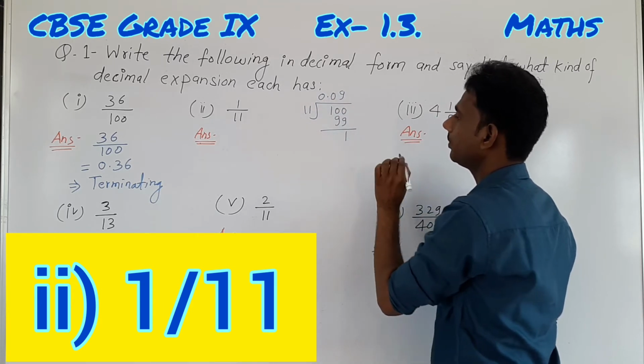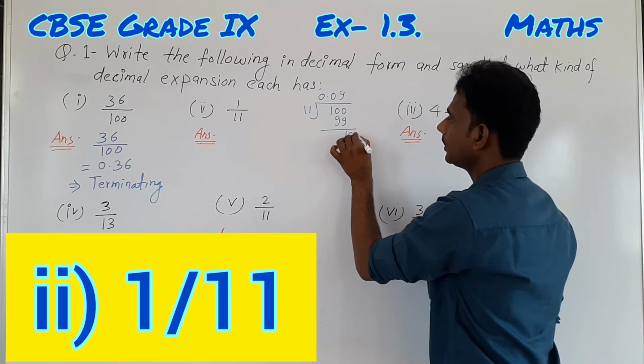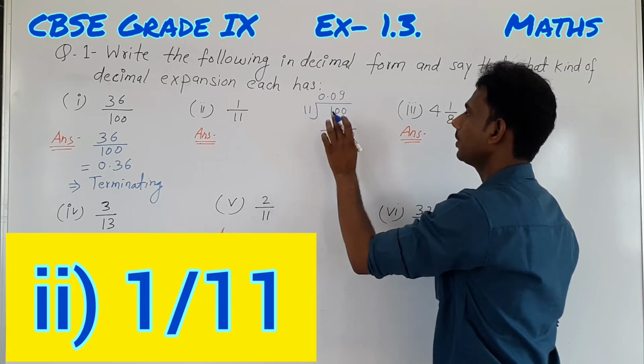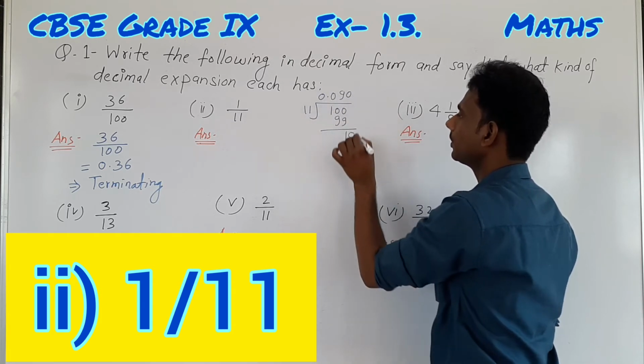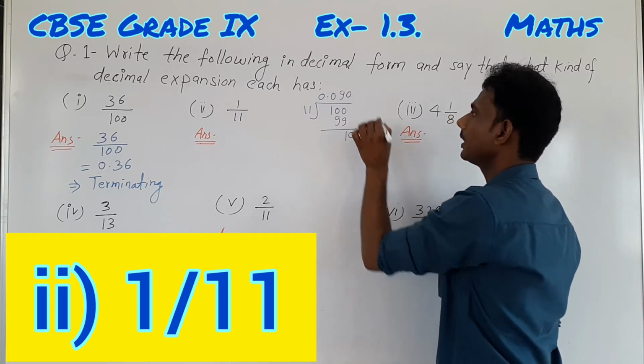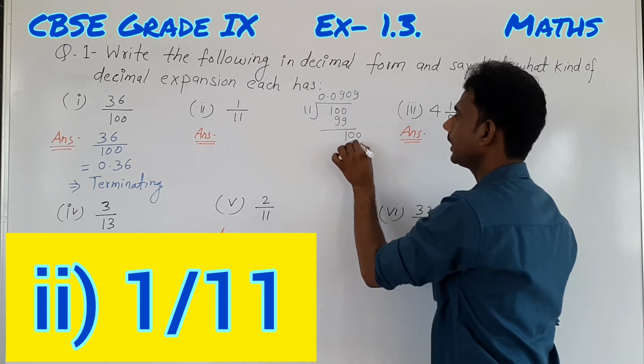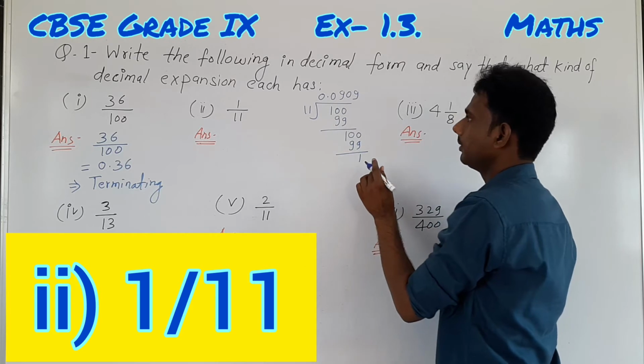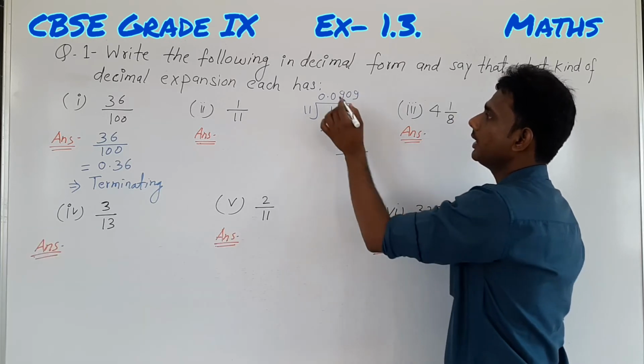The remainder will be 1. Again 0. Is 10 divisible by 11? No, so you put 0 here. Here is also 10. 11 nines are 99, remainder 1.